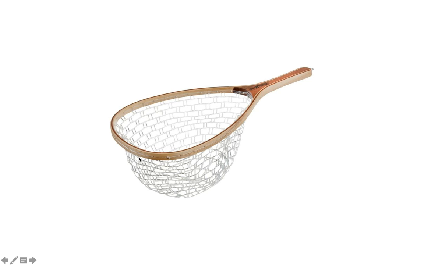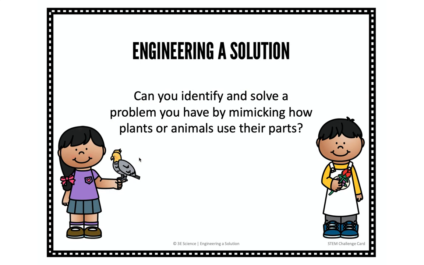So I want you to think about a solution or a problem right now in your head that you might have. Maybe it's at home or on the playground. What's something that you often need help with? Maybe a younger sibling is always coming into your room and taking a toy. Or maybe you or a brother or sister have fallen off a bike before and hurt their knee.